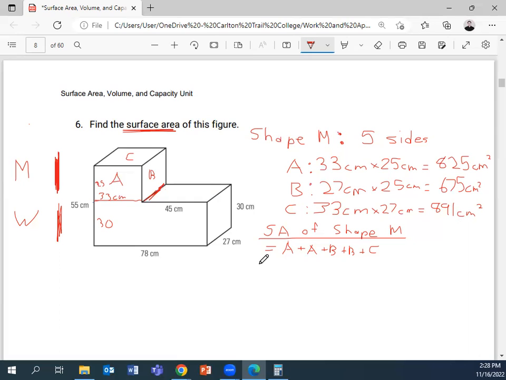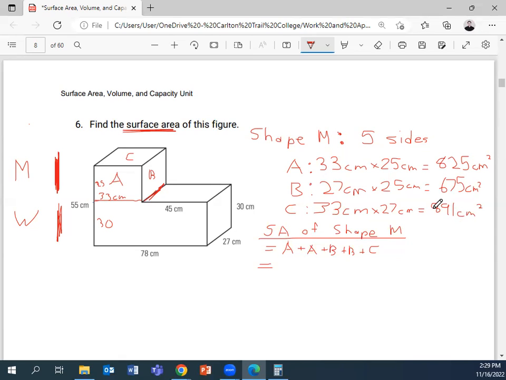So I'm being really lazy because I don't want to write that all out. But I know it's two of these, plus two of these, plus one of those, and that's going to give me my answer. You could also multiply them: 2 times A plus 2 times B plus C, whatever works for you. But I'm just going to quickly add that up. Make sure I add it up correctly.